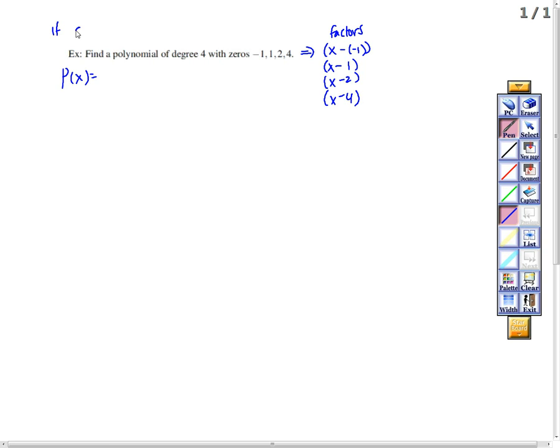Because if c is a 0, x minus c is a factor.